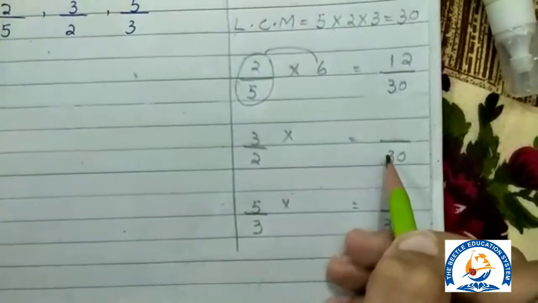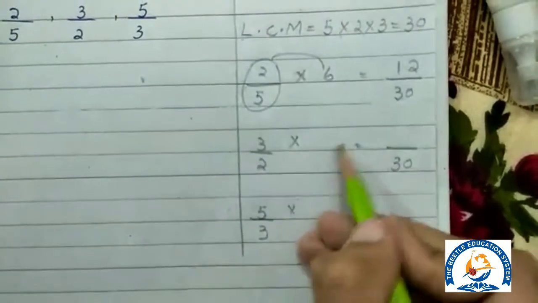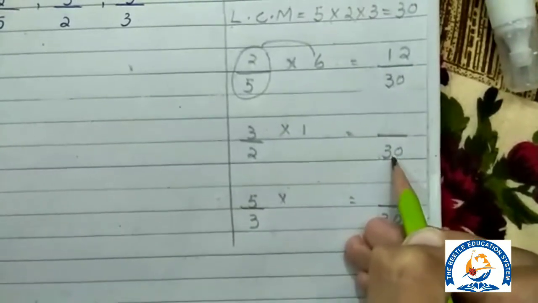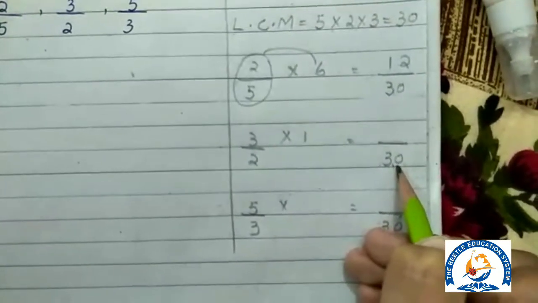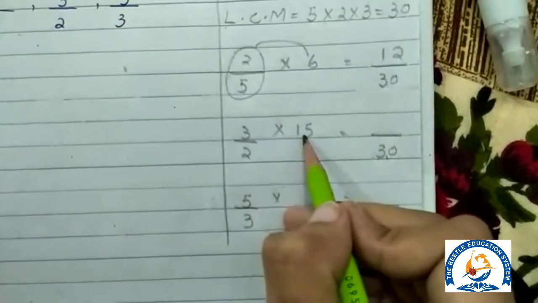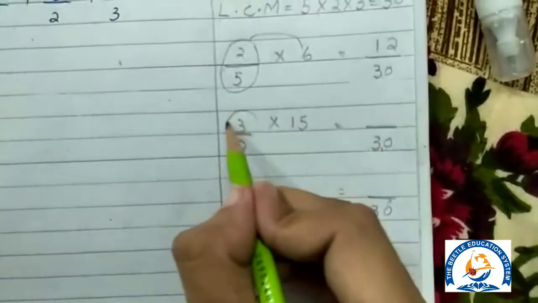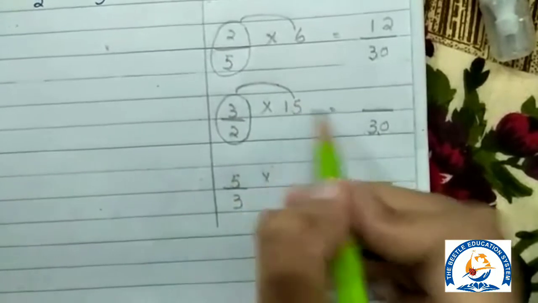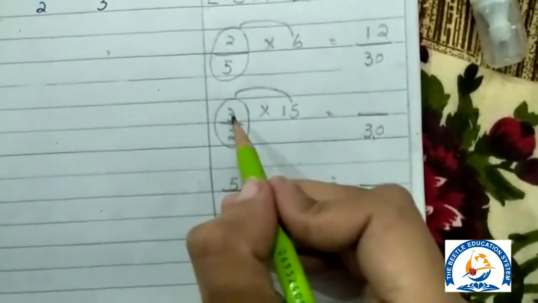If you don't know, simply divide 30 by 2. 2 one time is 2. 1 will be written with 0. It will become 10, and 2 five times is 10. It means 2 multiplies with 15 to give us 30. It means the whole fraction will multiply with 15. 2 fifteen times is 30.